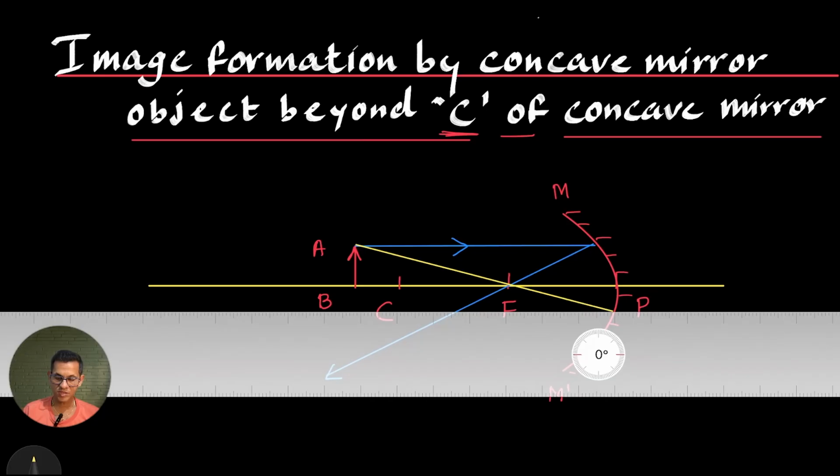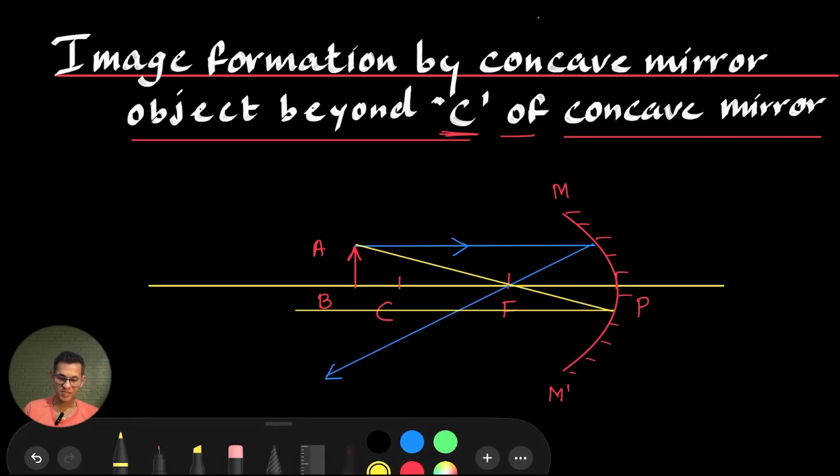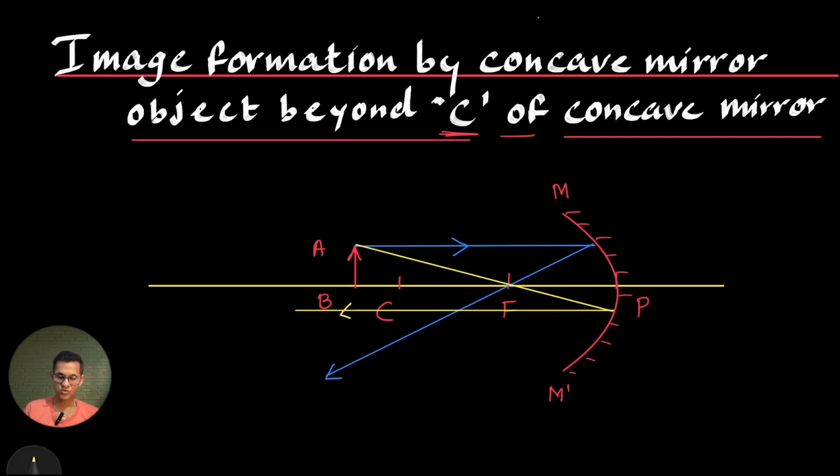And once it hits the mirror, I will then make it travel parallel to the principal axis. So I have got my 2 light rays and I have also got the intersection.